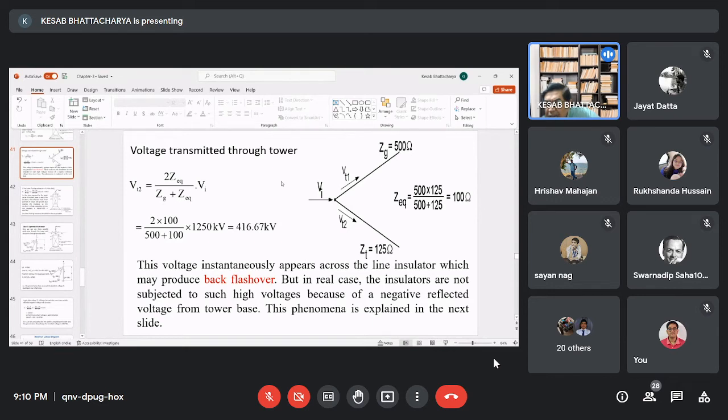But suddenly, if the tower body is subjected to a voltage of 416.67 kV, instead of earth potential at the top end of the insulator, this voltage will appear, and at the bottom end there may be 75 kV, 11 kV, or some other voltage.